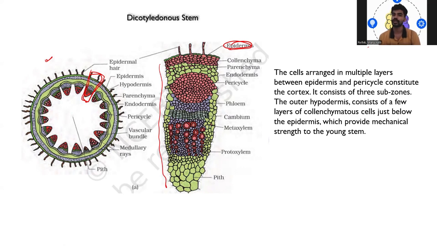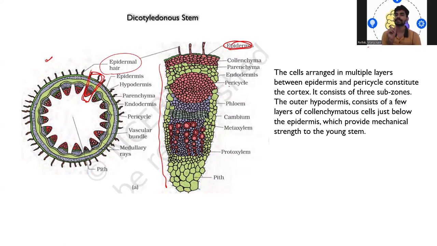So what is the outermost layer now? The epidermis is the outermost layer, and there is also a hair-like growth which is called epidermal hair.